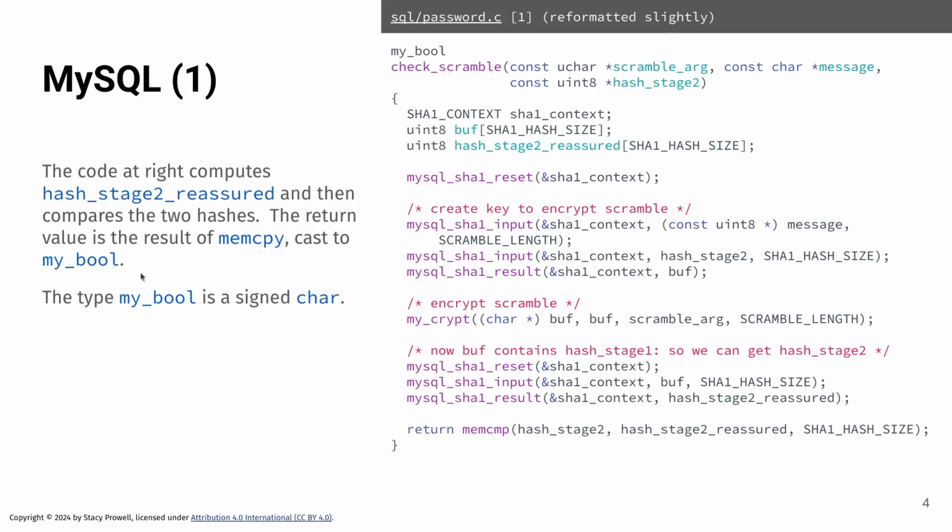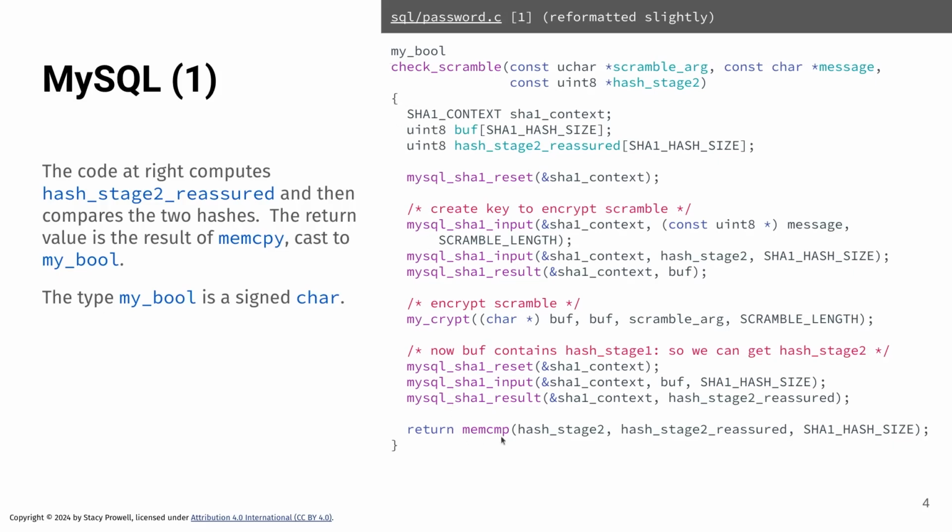It says mem copy over here, but that's wrong. It's this mem compare at the bottom, and it's cast to a MyBool. Is it? I don't see it cast down here. Oh, look up here at the top. The result of check the scramble is to return a MyBool. So what is a MyBool? If I go and look in the header files, I'll find out it's a signed char.